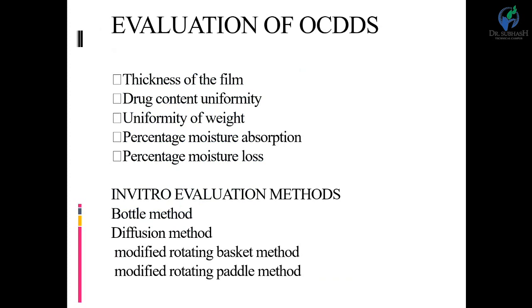Then we take the ocular film out of the desiccator and weigh it again, and then go for calculations. We put the initial weight and final weight in the formula to find the moisture absorption and moisture loss in both cases.